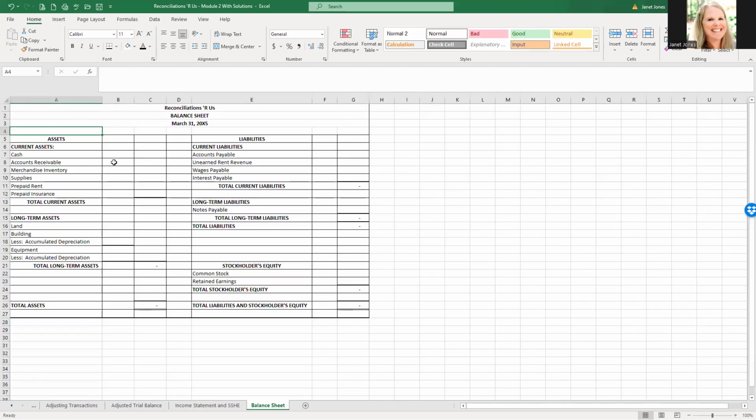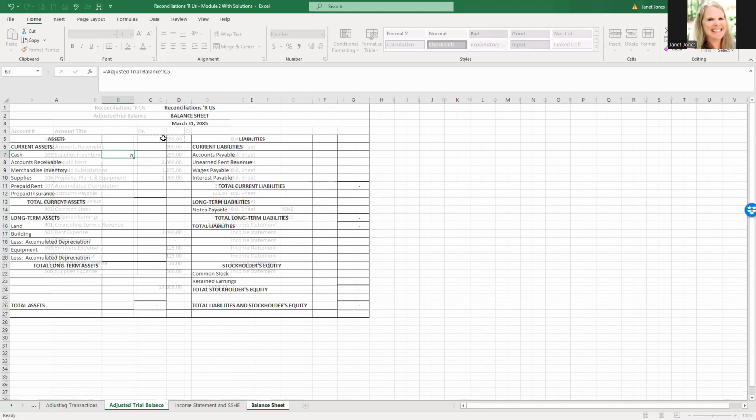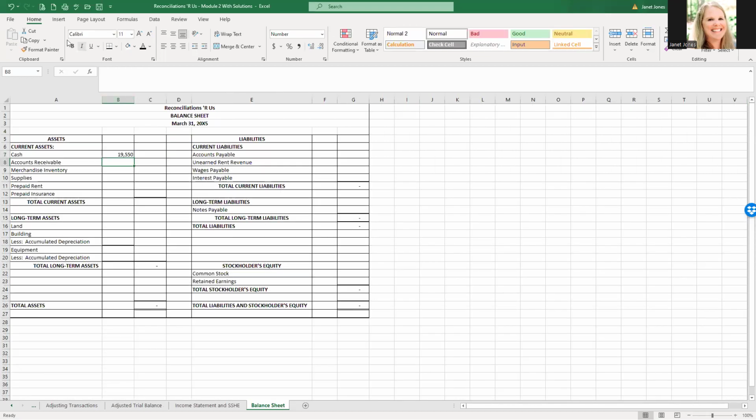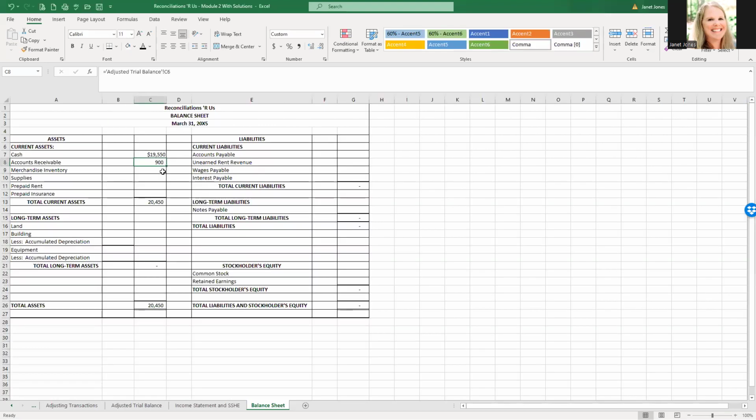So our balance sheet is going to have all of the other accounts. So now we'll just pull those in. So I have my cash, and I have accounts receivable. Oops, hold on. Then we have our accounts receivable, supplies inventory.